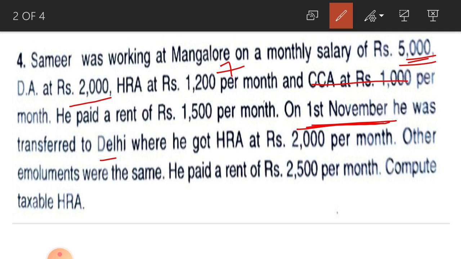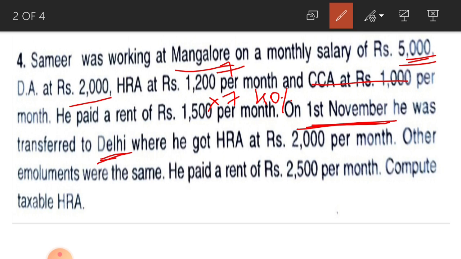And he paid rent 1,500 per month, also for 7 months. First, you have to calculate taxable HRA for this information at Mangalore. Then next you have to calculate HRA in Delhi. Here in case of Mangalore you have to consider 40% of his salary because Mangalore is not a metropolitan city.